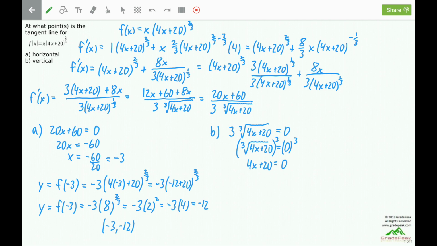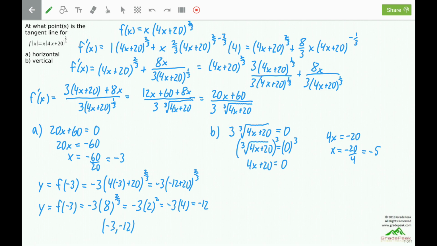Which means that 4x equals negative 20. We subtract 20 from both sides, and x will be negative 20 divided by 4, which will give us negative 5.